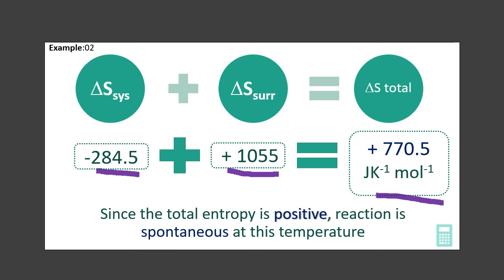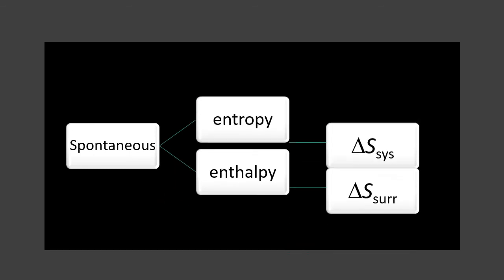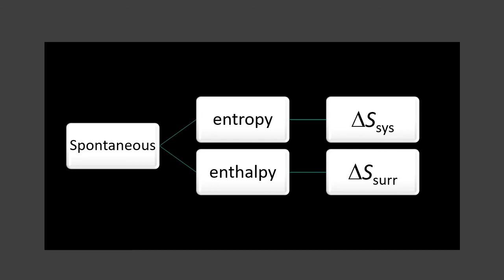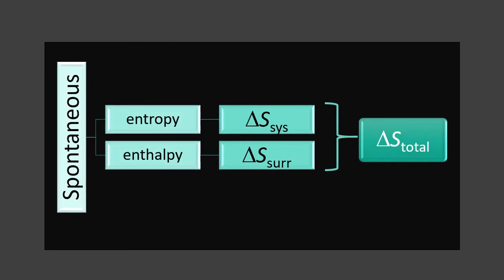You have to remember the three formulas of delta S: system, surrounding, and total, and you should be able to predict the spontaneity of a reaction. So remember, for a reaction to be spontaneous, we have to consider both the enthalpy and entropy, namely entropy of the system and entropy of the surroundings. And those two give us total entropy.